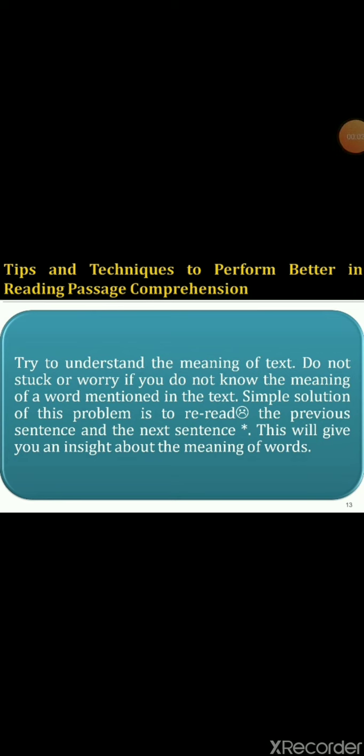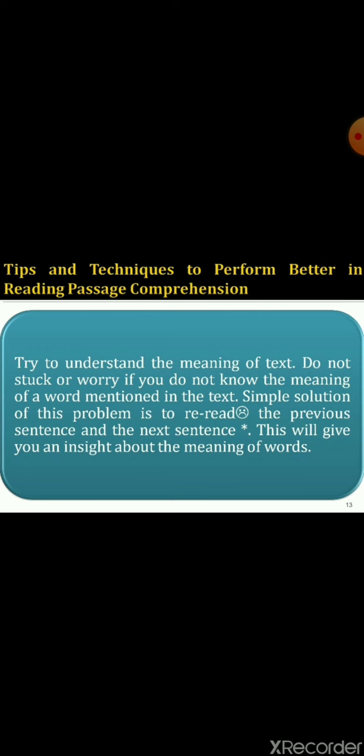Points to ponder. Try to understand the meaning of the text. Do not get stuck or worry if you do not know the meaning of a word mentioned in the text. The simple solution to this problem is to reread the previous sentence and the next sentence. When you are stuck with a difficult word you don't know, what is the strategy to follow?